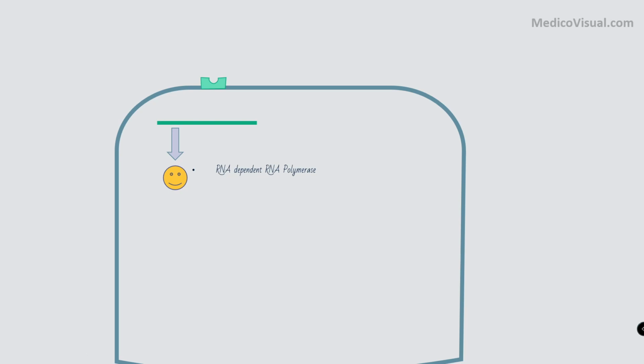What this enzyme can do is make a copy of RNA by looking at another RNA. It depends upon RNA to make a polymer of RNA, so we call it RNA dependent RNA polymerase. Are you getting the point?